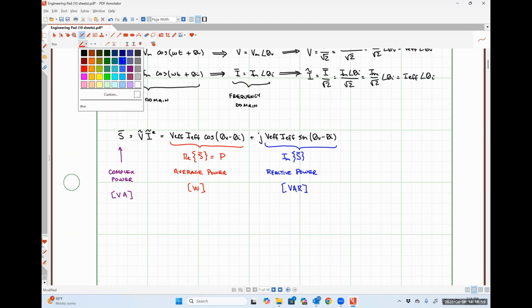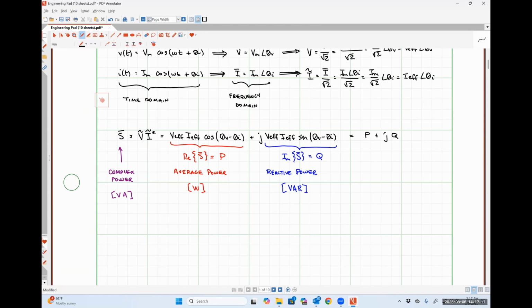And the reactive power is typically denoted by the capital letter Q. So basically, in rectangular form, our complex power is simply P plus jQ, like so.